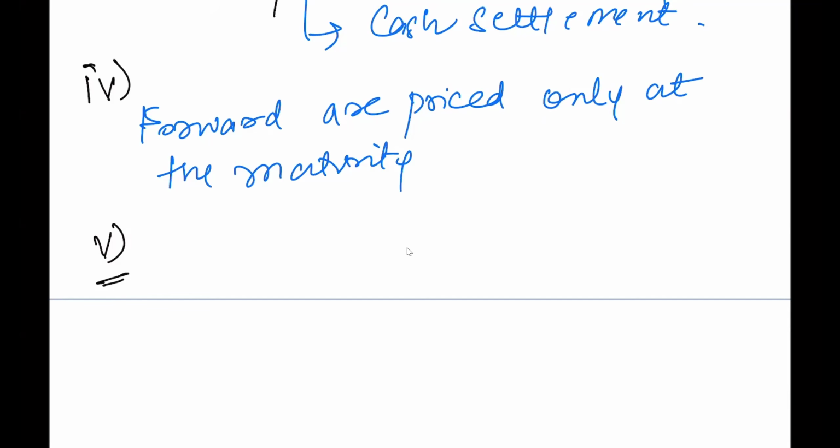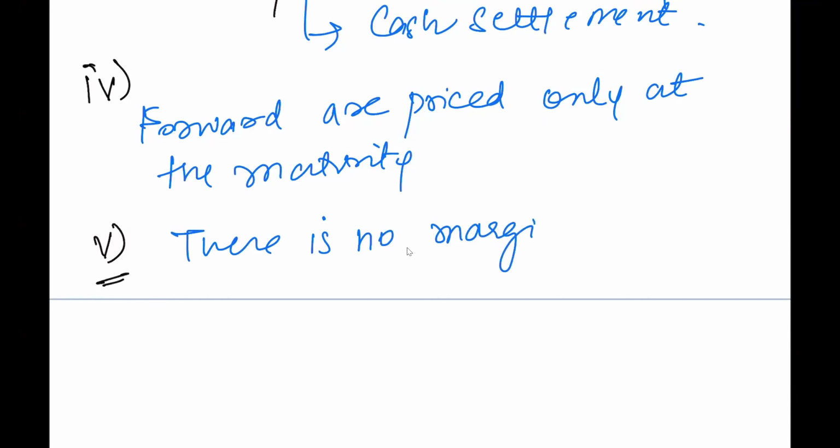Because the forwards are priced only at maturity, there is no margin requirement.